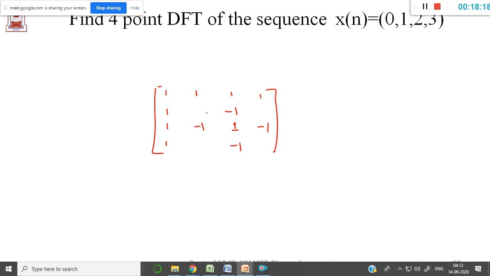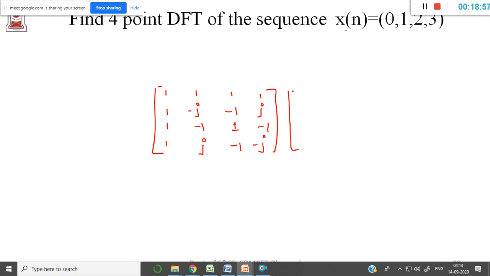Of course, I know how to calculate it, and even if I forget, I will calculate it, or else I have some shortcut methods to remember this matrix. So here it is -1. Then it starts with -j. Once it is -j, take its complement, so put plus j. Here it is -j, put its complement, again it becomes plus j. So here it is plus j. Take its complement, minus. So this is a very simple way I remember my matrix all the time. And again you have the input sequence x of 0.